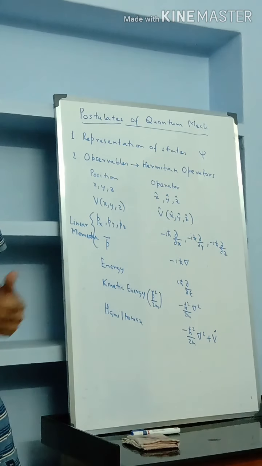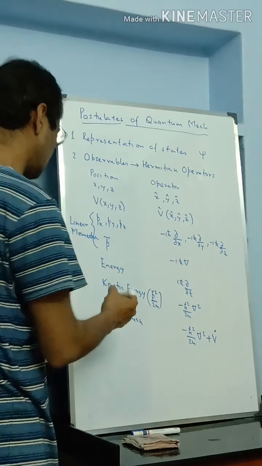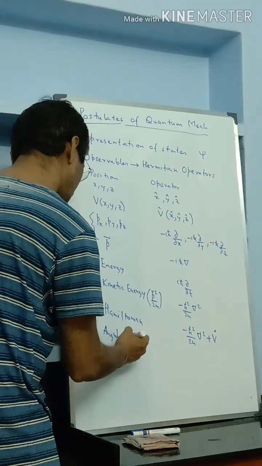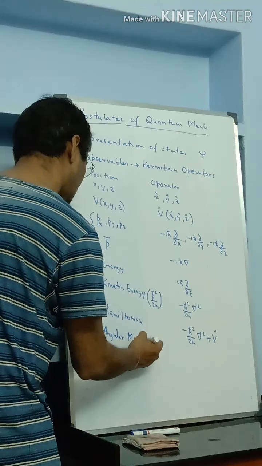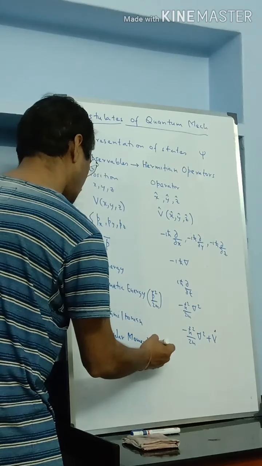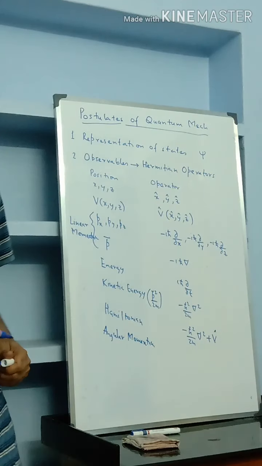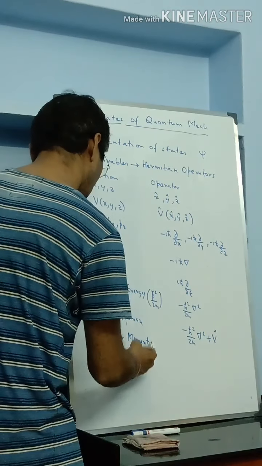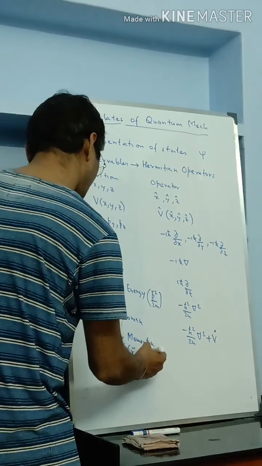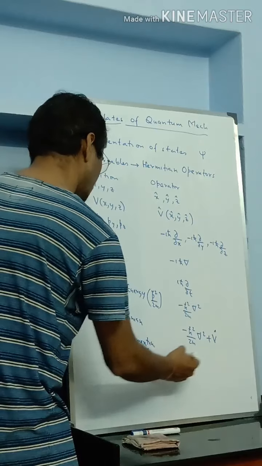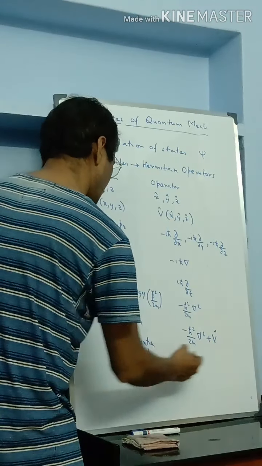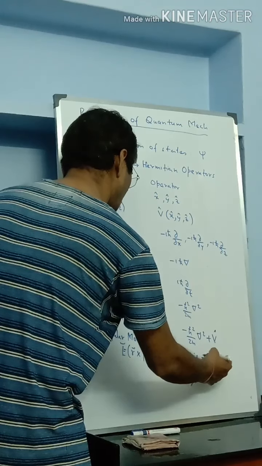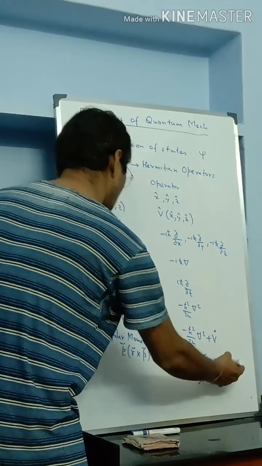Then one can express the angular momentum operators. If one talks about Lx, Ly and Lz, or L equal to r cross p, then that can also be written as minus i h cross r cross del.